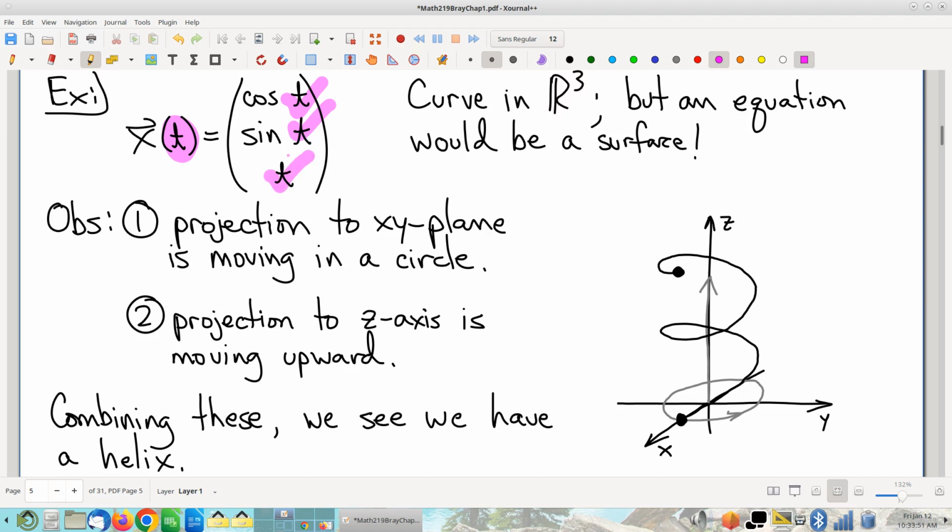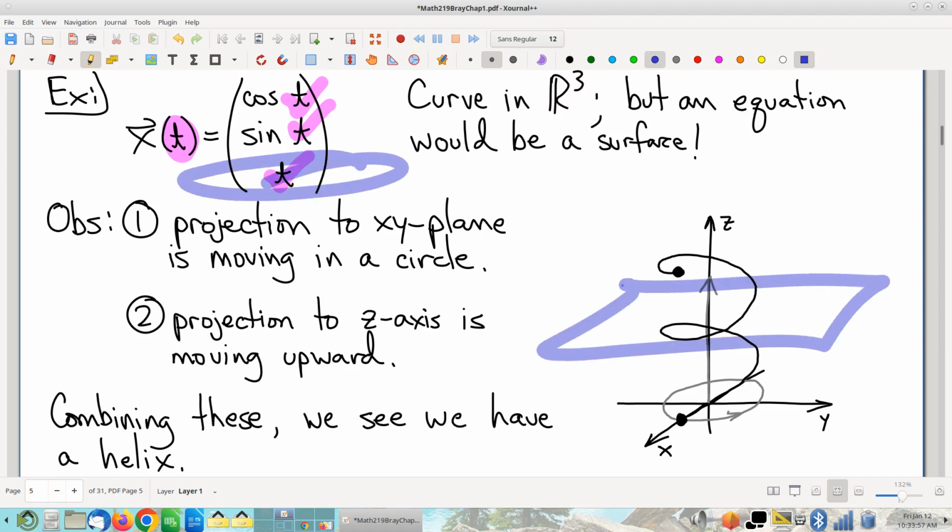Right, so when you're at a certain height like that, there is exactly one value of t that gets you to that height, which means that there is exactly one value of t that you plug into the x and y, which means there will be exactly one point in the projection down here, which therefore gives you exactly one point at that height. Does that make sense? So as you're going up, you don't get a full circle of points as you go up. You only get one point on the circle as you go up. Is that satisfying? Okay. Yeah, cool.